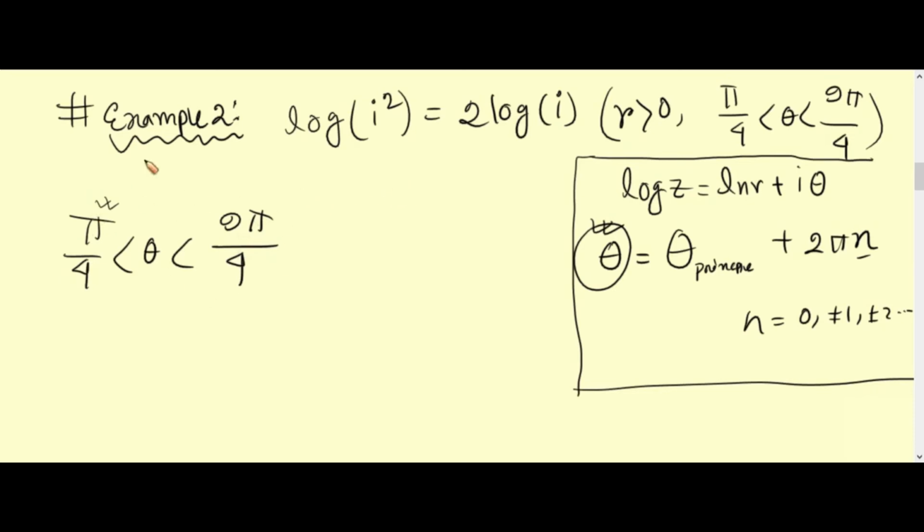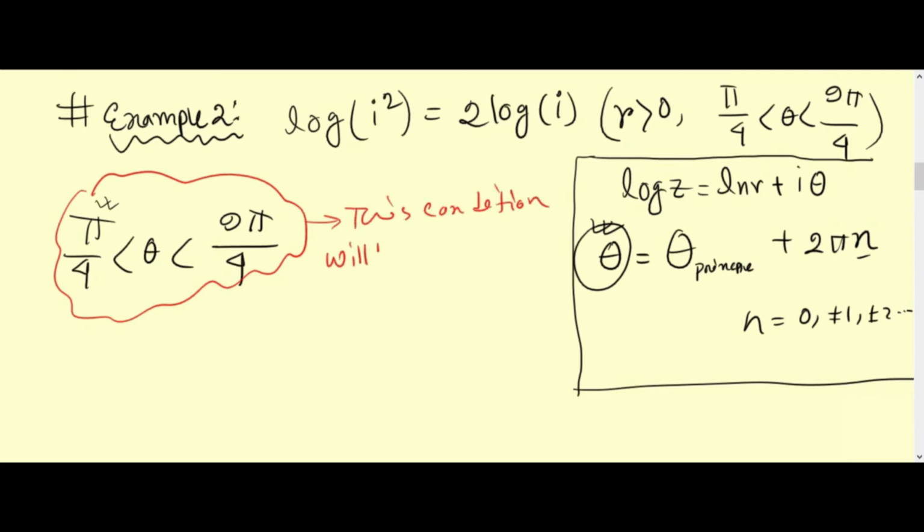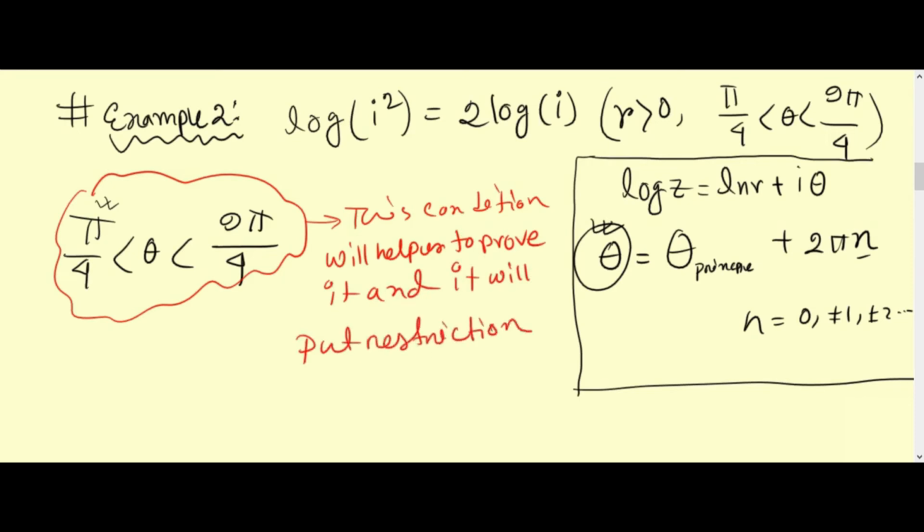And this condition over here will help us to prove it, and it will put a restriction on n, that is this n that is appearing over here. So let's see how this comes.